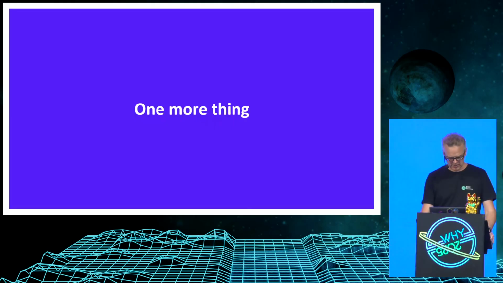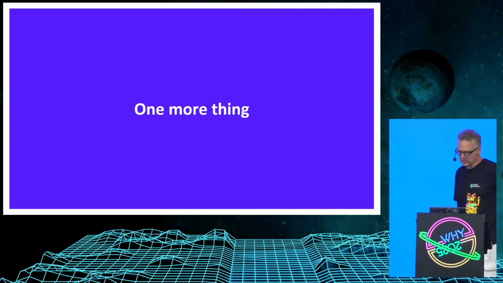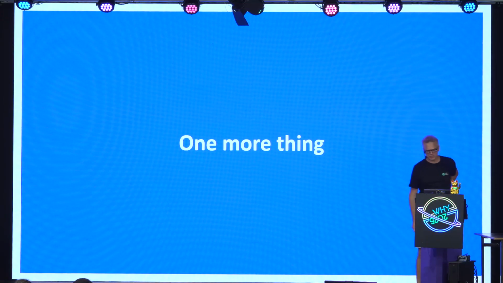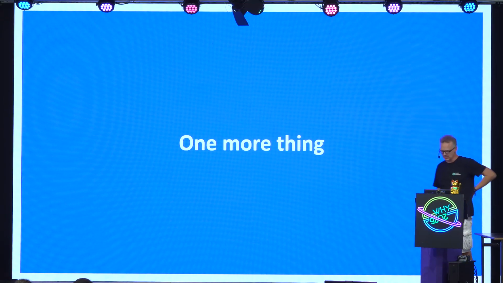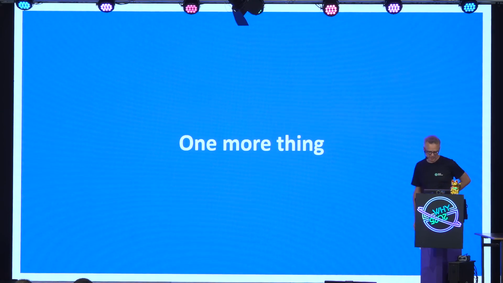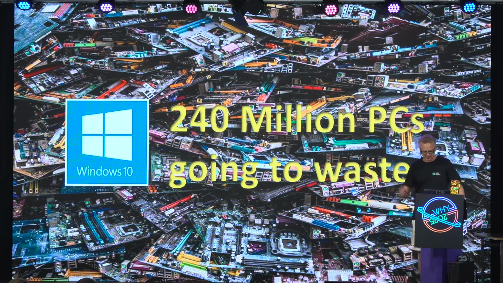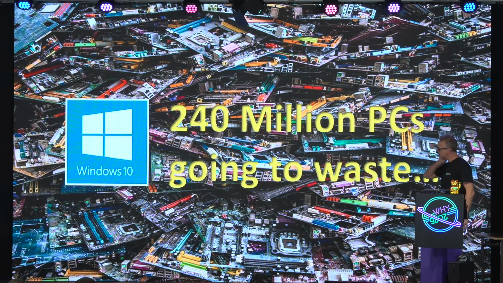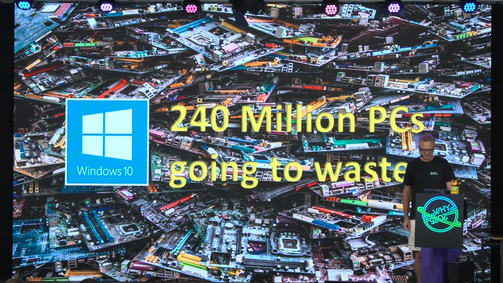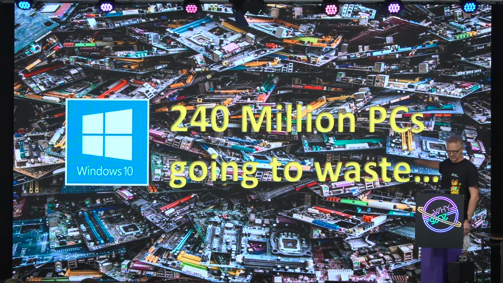One more thing. We talked about an office suite and a code repository, and that's already a pretty good start. But of course, there's always more. You may have heard about the end of 10 in the previous talk: Windows 10 is going end of life in October, I think, which will mean that 240 million PCs will prematurely go to waste.